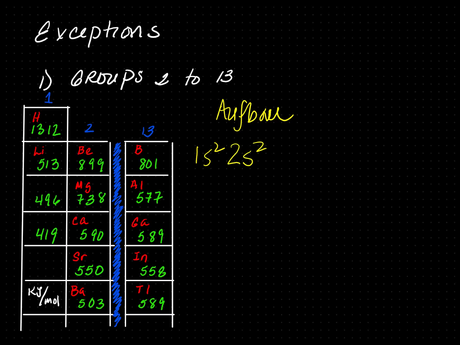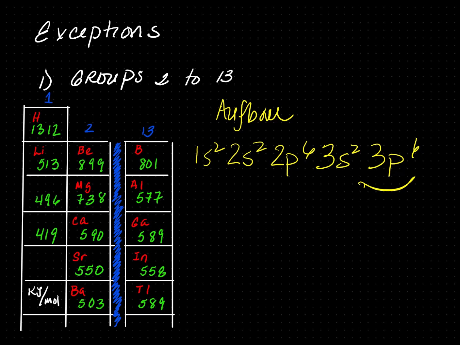After we fill 2s2, we fill 2p6. After we fill 2p6, we fill 3s2, and then 3p6, and so forth. The last energy level we fill is always the highest energy level. According to Aufbau, we must fill the lower energy first.